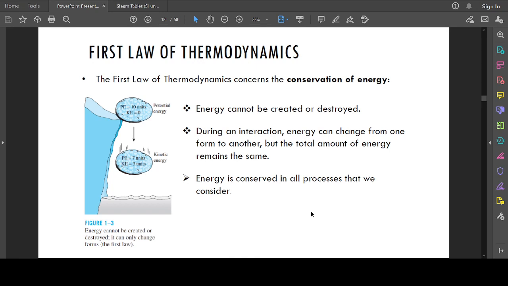In the example given here, every matter or material possesses potential energy as long as there's a difference in height wherever it's situated. Now, if that potential energy has a unit of 10, and the mass falls from a height, it will lose some of its potential energy, and that lost potential energy becomes kinetic energy as a result of the motion.